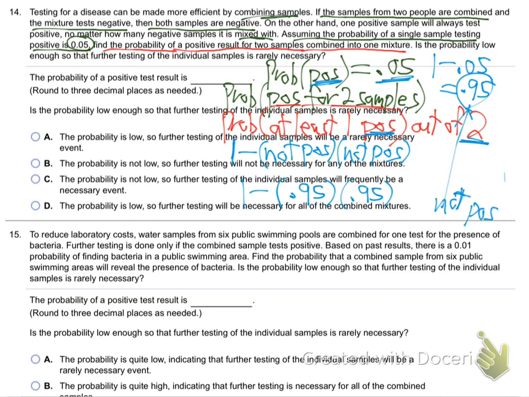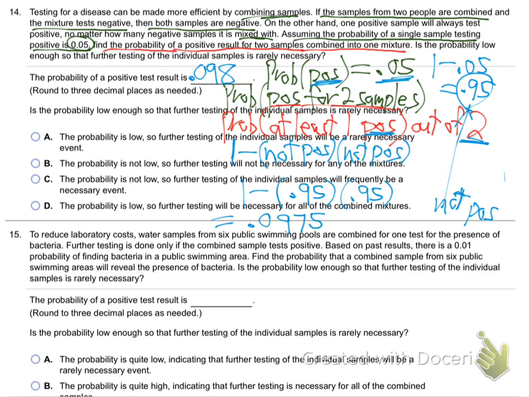Then hit the buttons on the calculator: 1 minus 0.95 to the second power, 0.0975. Rounded to 3 places, it's 0.098. That's the probability of getting a positive test result when you dump all these into the mix.